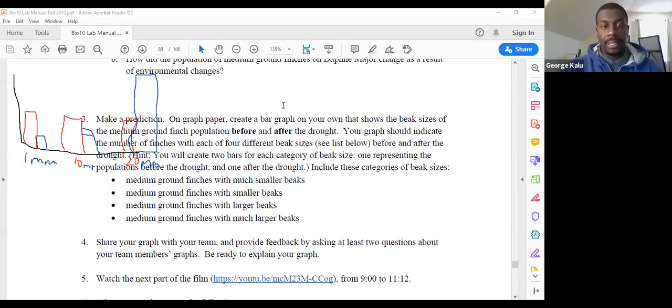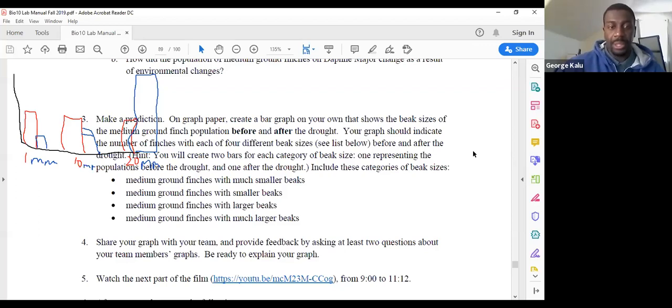Now, we also noticed that there was another event that happened, another environmental change. Okay, what environmental change took place in this part of the video? Right, so there was a flood.